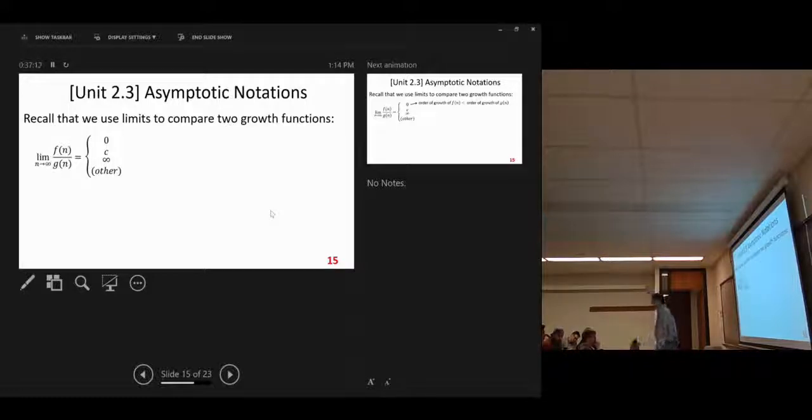So there is a possibility not in any of the 3 cases. The limit does not exist. There is no limit. Not infinity, not 0, not any non-zero constant. It just does not exist.